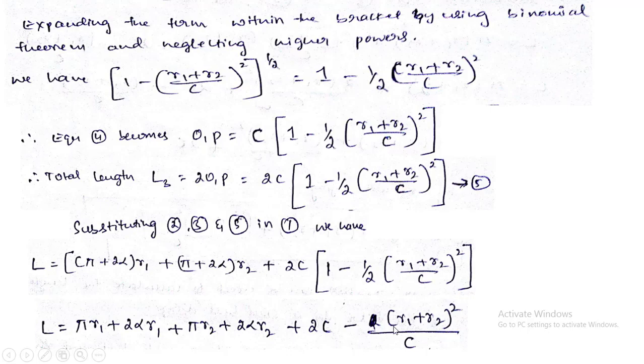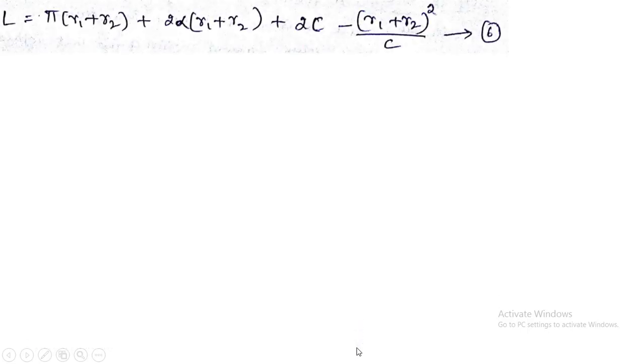So this will become R1 plus R2 whole square divided by C, because 1C will get cancelled with this C here. So that's why the square for the C will get removed here. So it remains as R1 plus R2 whole square divided by C, and this 2 will also get cancelled, so no 2 in this case here. So clear? Next, after that we will move on to further simplification here.